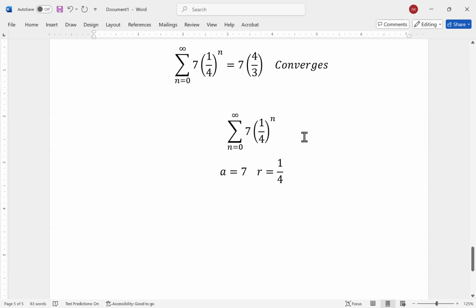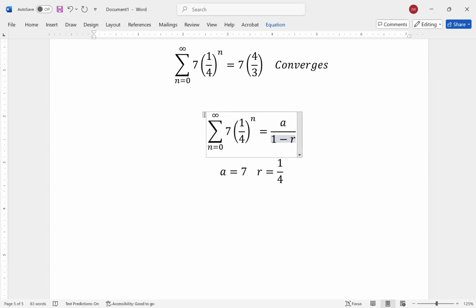Now this 1/4 is less than 1 in absolute value. So with the geometric series test, since we're starting our count at 0 and going towards infinity, I know this is going to look like a over 1 minus r.